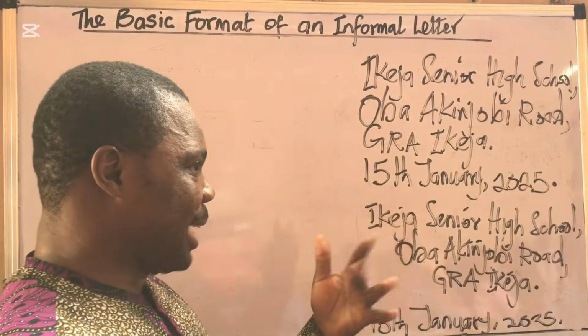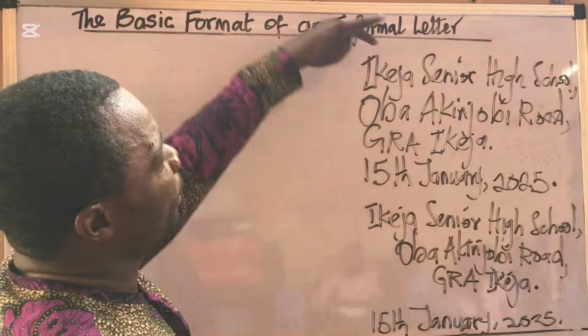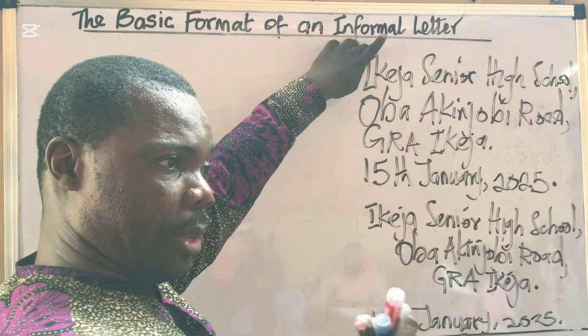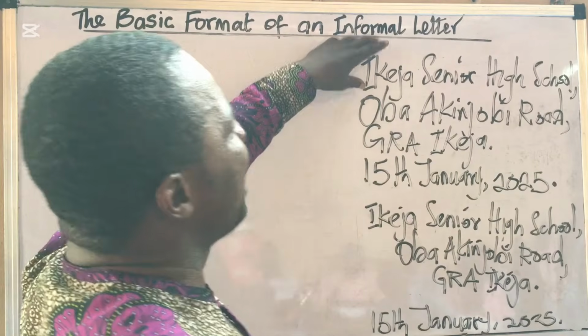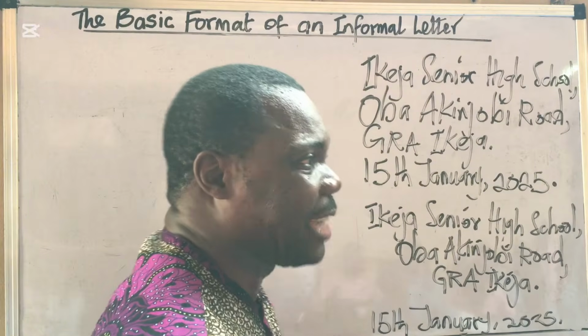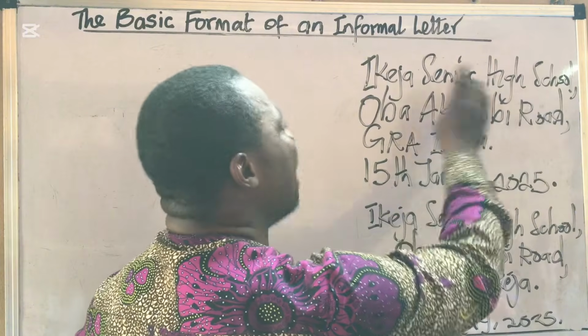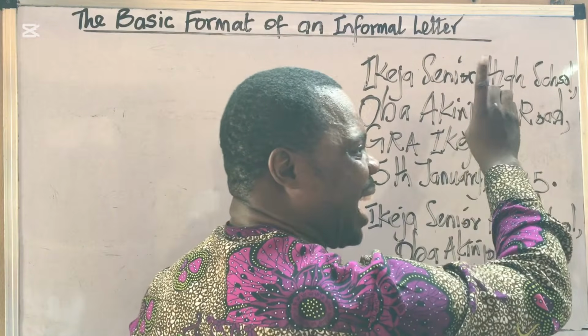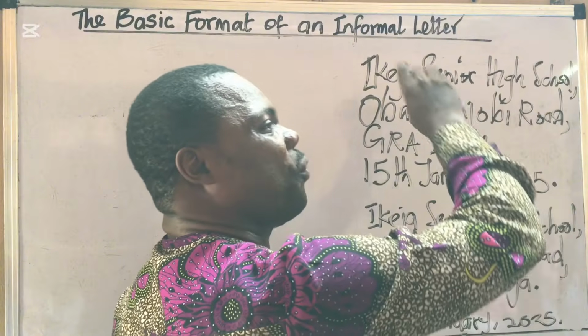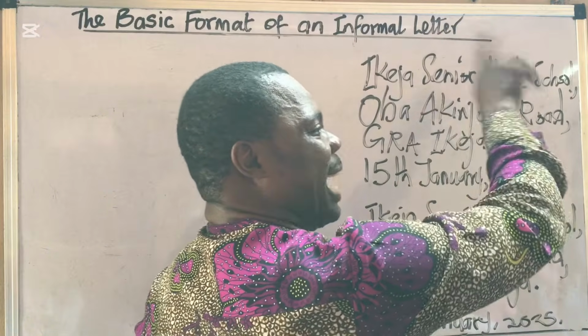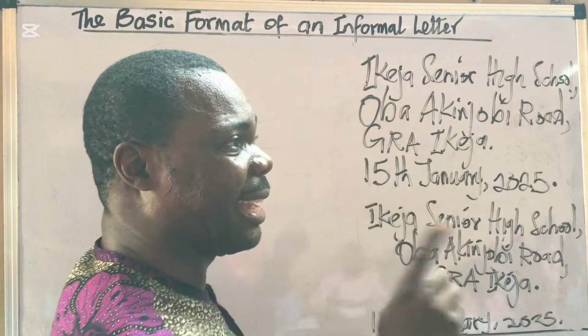I think I said this at the beginning of this video, that when you are writing your address, every major word of the address must begin with what? Capital letter. Every major word, every first letter of every major word in the address must begin with what? Capital letter.